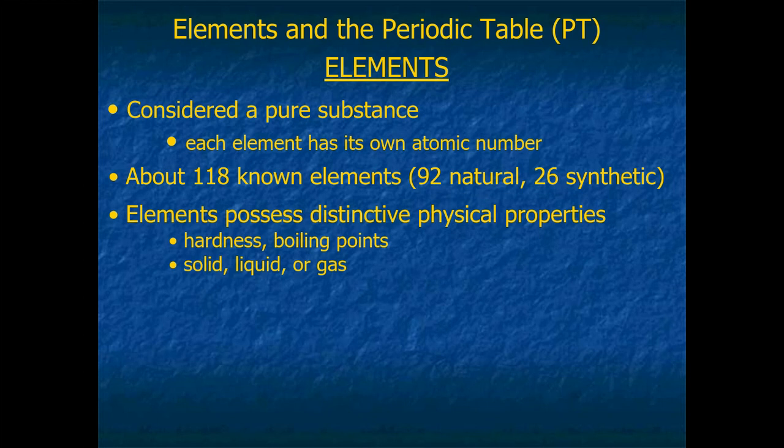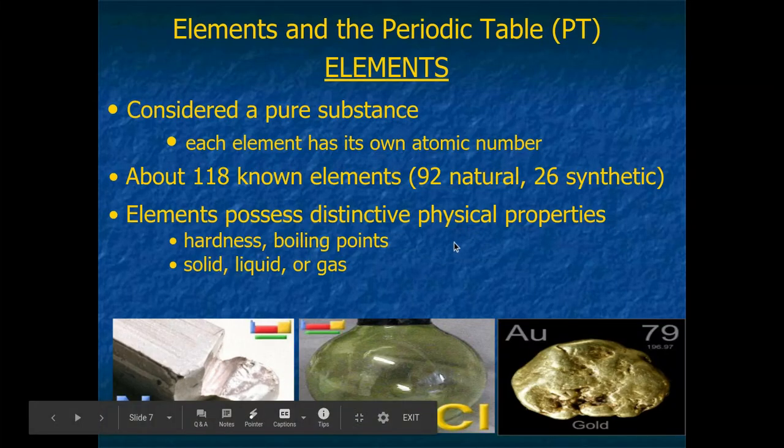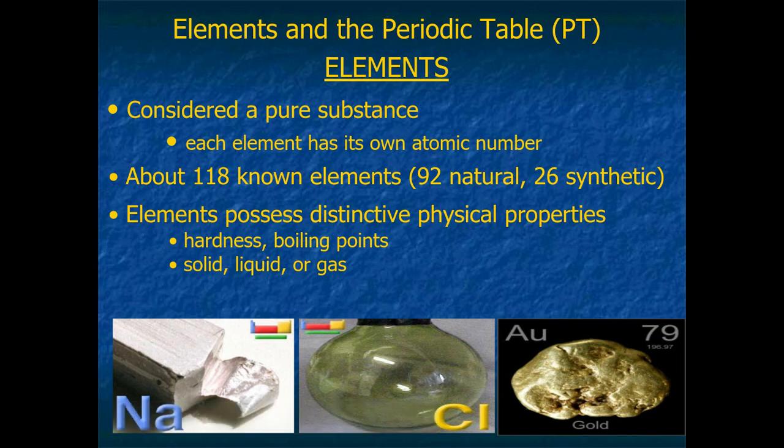What a thought. Here are some examples of elements in their pure state or pure substance, meaning that each one of these elements has its own atomic number given its pure state. And each one of these elements that I'm showing you at the bottom of your screen is also electrically neutral or electrically balanced.